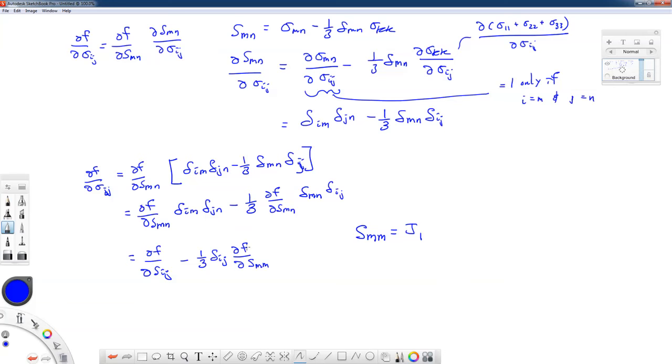And we want to think of it in terms of function. We don't want to divide by 0, but if we think of that in terms of the function, we have assumed that our function f is a function only of J2 and J3 for hydrostatic stress independent yield criteria.